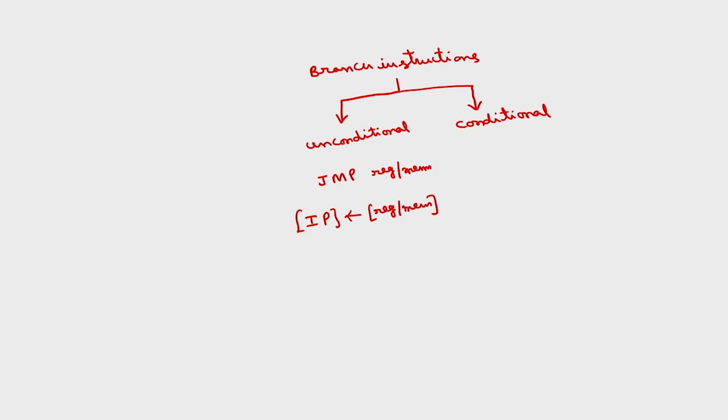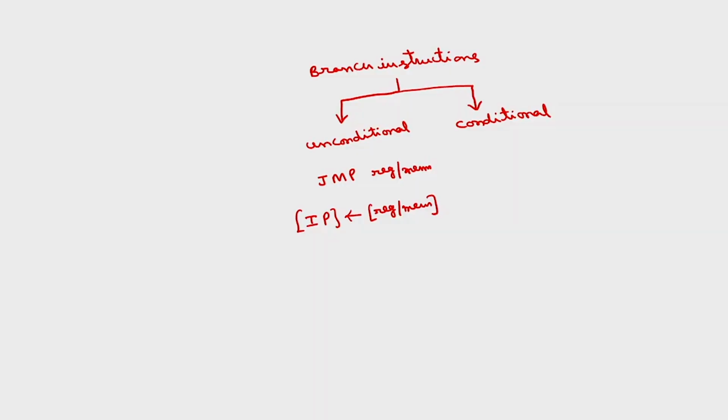We know the purpose of this instruction pointer, which always holds the 16-bit offset from the starting of that particular segment to the instruction which is to be executed next. Address in the sense here is only the offset, the address of the instruction which is to be executed next.